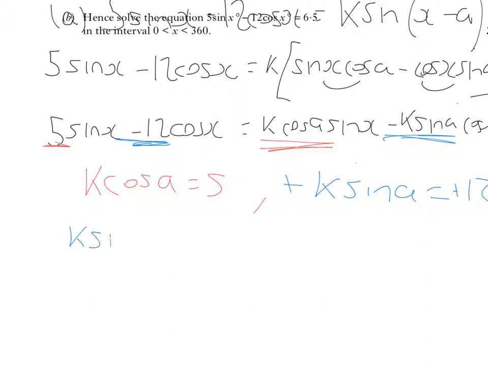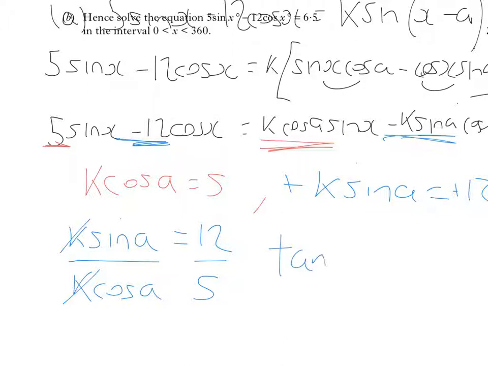So I've got k sin a equals 12, k cos a is equal to 5. Divide one by the other, so k over k goes, sin over cos is tan, and I've got tan a equals 12 over 5.